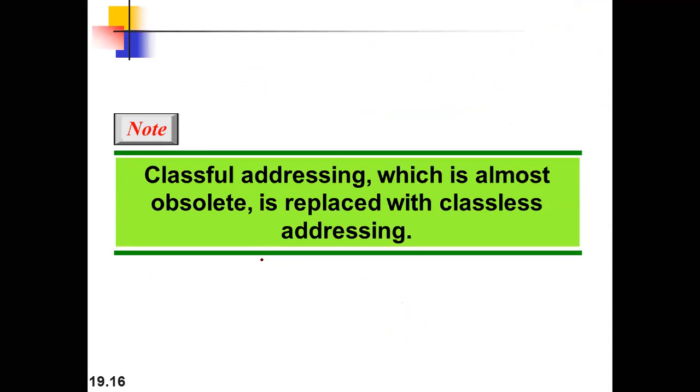So we have to pay for it on a monthly or yearly basis, depending upon the discretion of the organization. The next thing that we have is classful addressing, which is almost obsolete and is replaced with classless addressing, right?